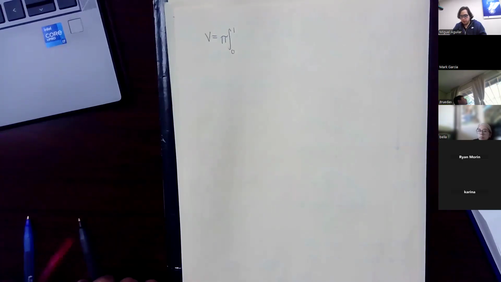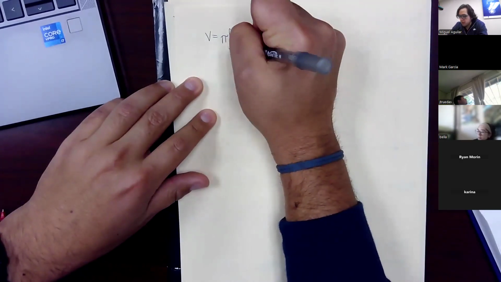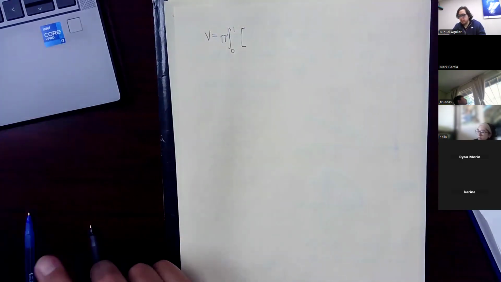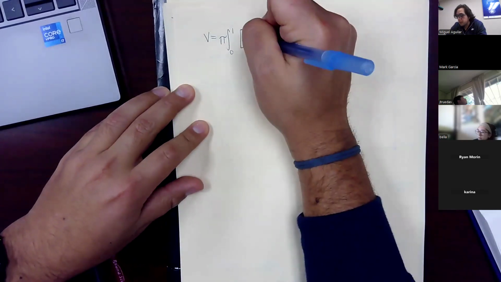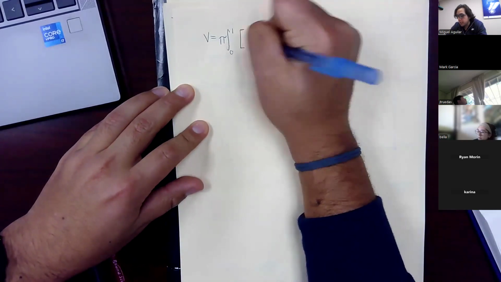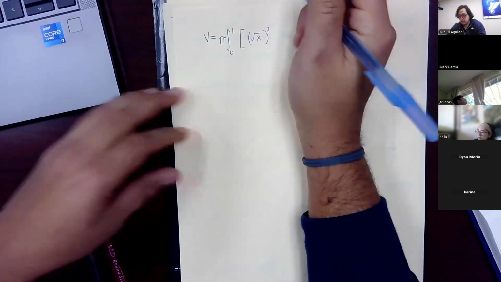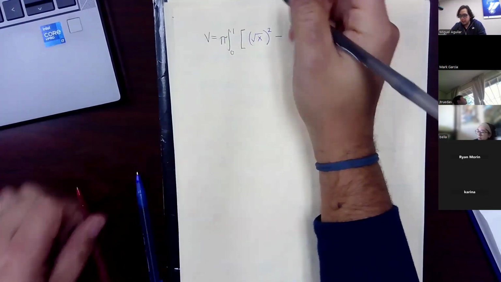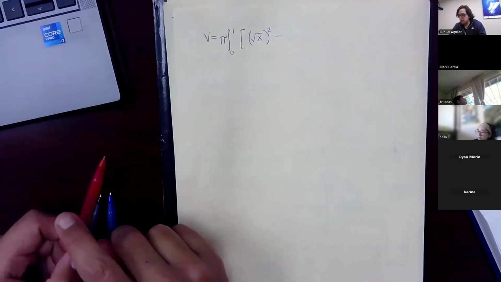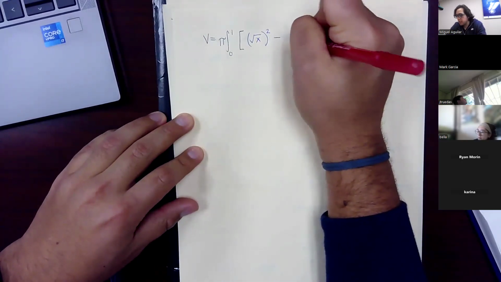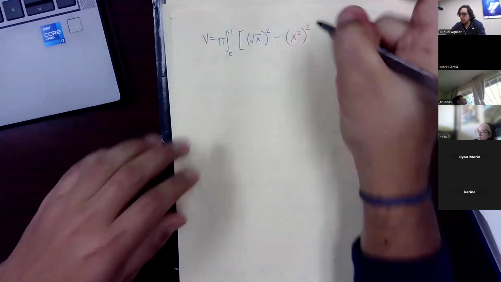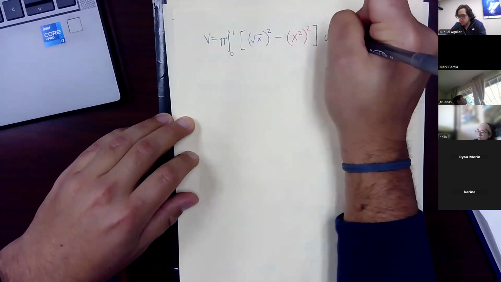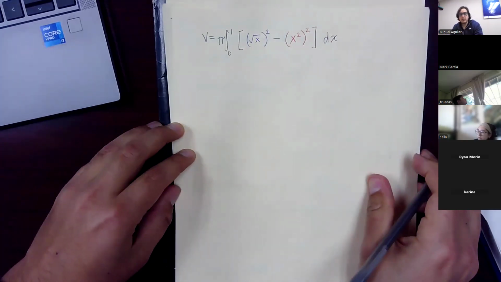And then we have the outer function. We said that one was going to be the square root of x, but we need to square that, minus the inner function, which we said was the x squared part, but we need to square that also, dx. Okay.